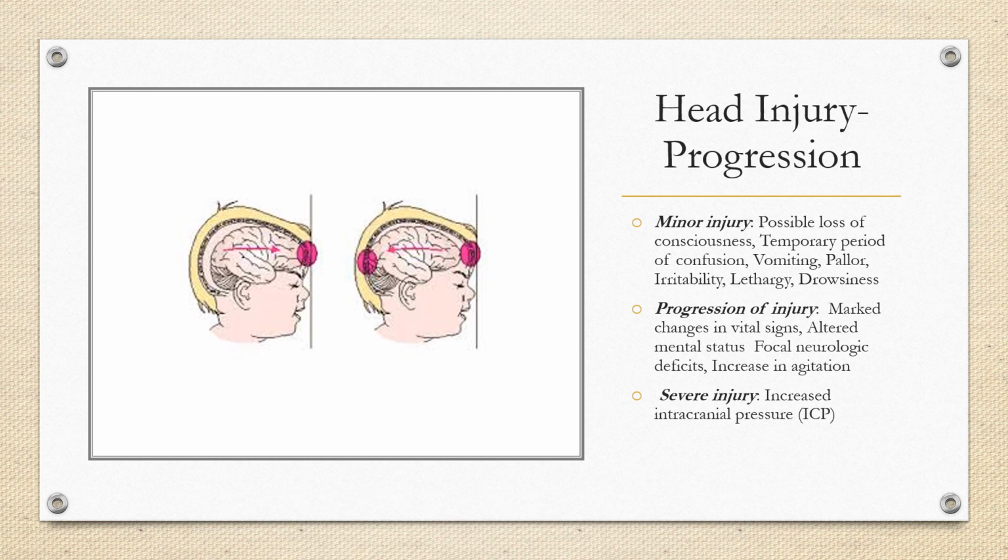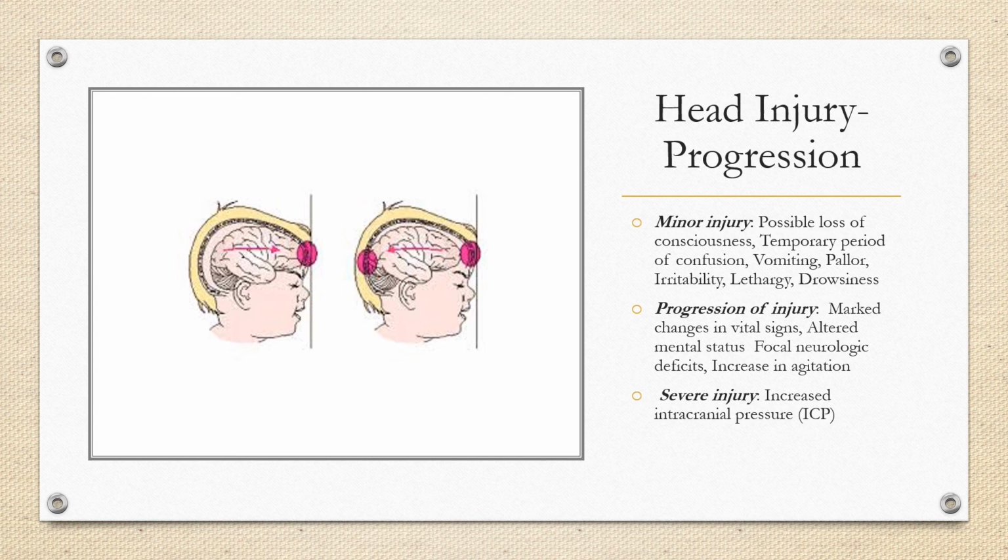So head injury progression. Let's talk a little about progression before we start talking about Angela a little more. We have a minor injury where we have possible loss of consciousness, temporary period of confusion, vomiting, pallor, irritability, lethargy, and drowsiness. So that's a minor injury. Angela had a few of those symptoms.